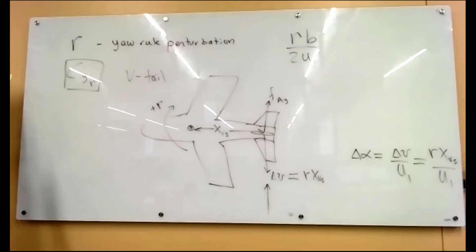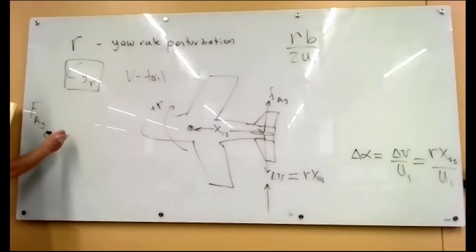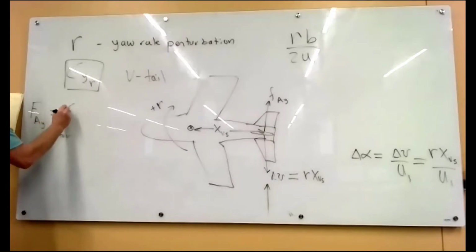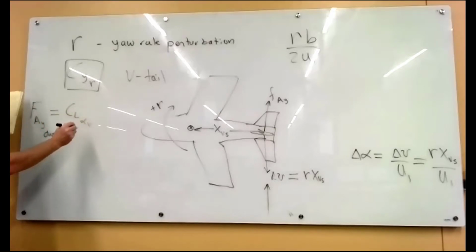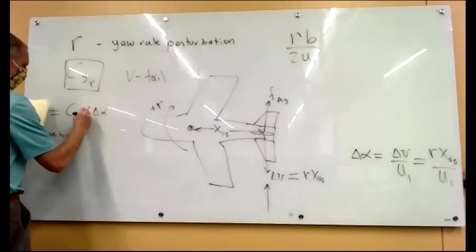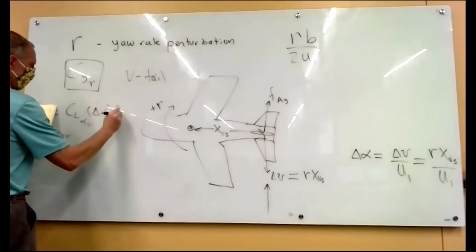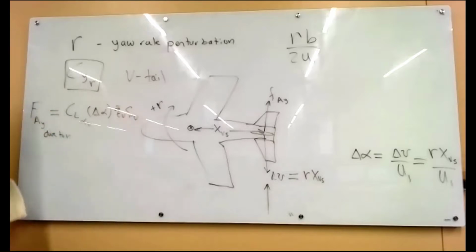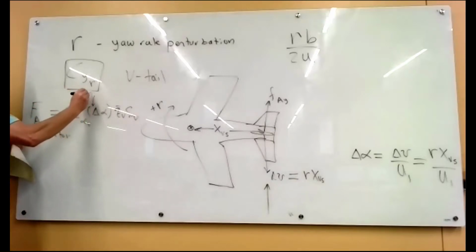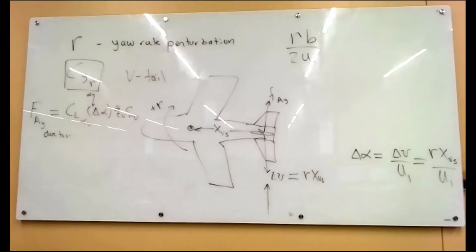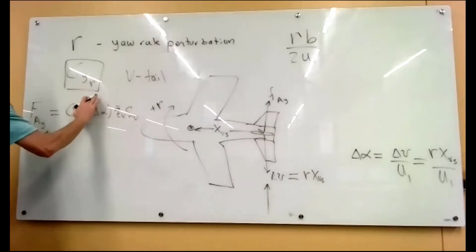So that's exactly what we do, is we say, okay, FAY due to R is CL alpha V times this delta alpha times Q bar V SV. So this is just the part due to R. If we wanted to calculate the rest of it, we'd have to put an alpha V in here. That would include beta and everything else that creates alpha V. But let's just stick just due to the R part.